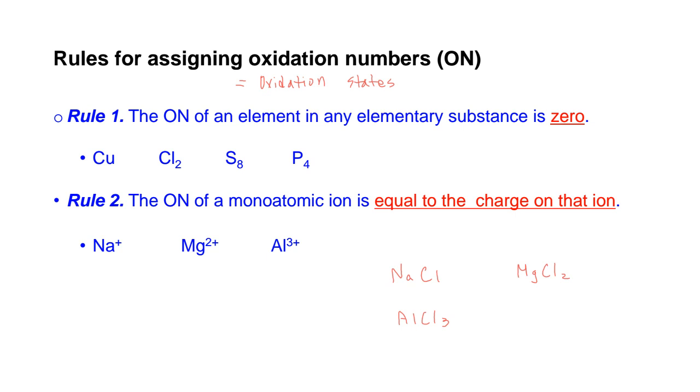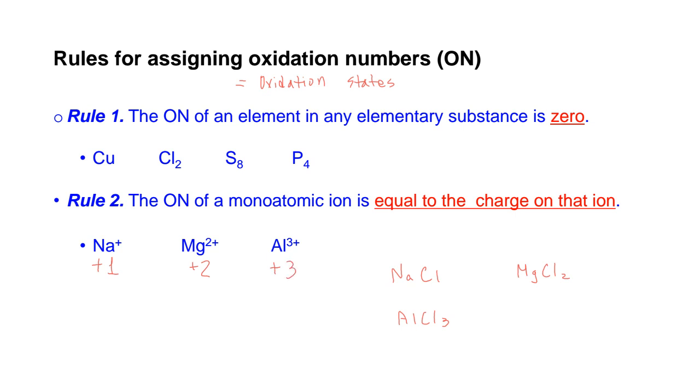If we have a monatomic cation or anion, its charge will automatically be its oxidation number. So we have Na+, Mg2+, Al3+. The oxidation number for Na+ is +1, Mg2+ is +2, and for Al3+ the oxidation number is +3.